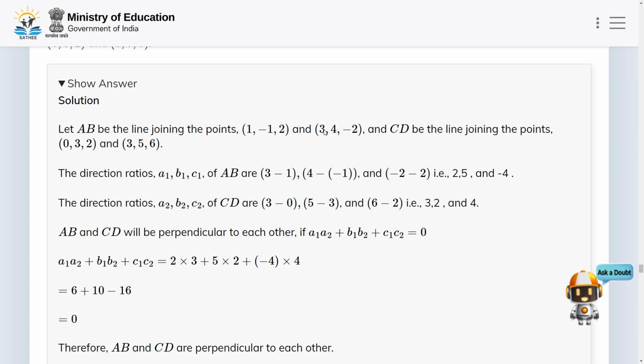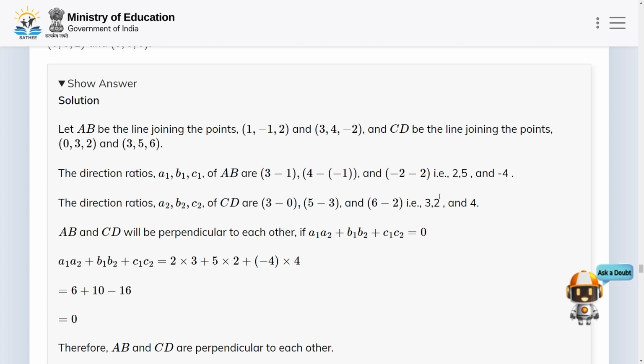For i hat, 3 minus 1 means 2; for j hat, 4 minus 1 will be 5; and for k hat, minus 2 minus 2 will be minus 4. So 2, 5 and -4 will be your direction ratios for AB. Now we apply the same for CD. You will get direction ratios as 3, 2 and 4.